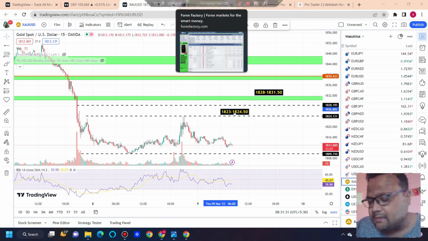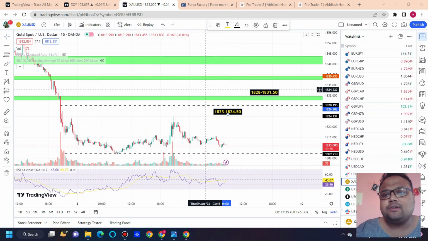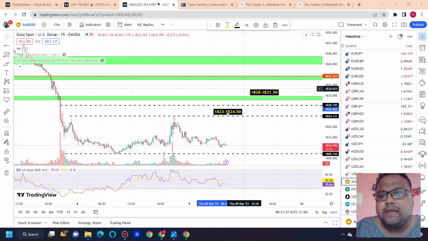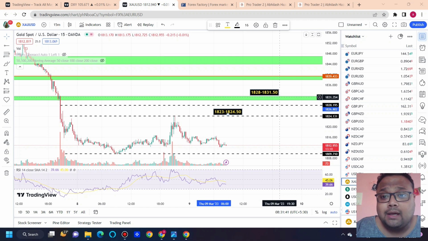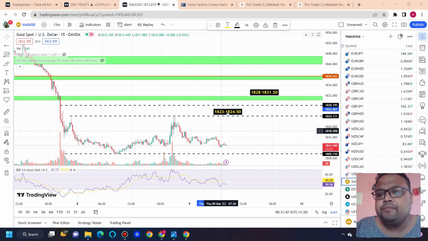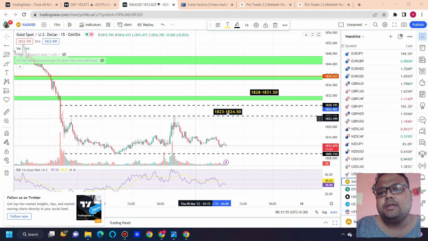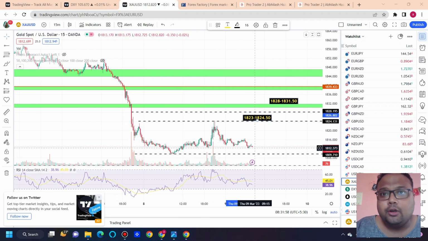As already discussed in my previous video, the big resistance on the chart of gold is around 1828 to 1831.50, and I think market will remain within this range only before the NFP, because right now gold is trading at 1812. As we all know, the market sentiment is not very positive right now. Dollar is bullish, gold is bearish, so there's a high chance that gold will be heading lower only.